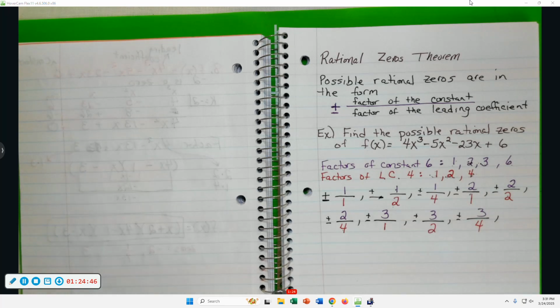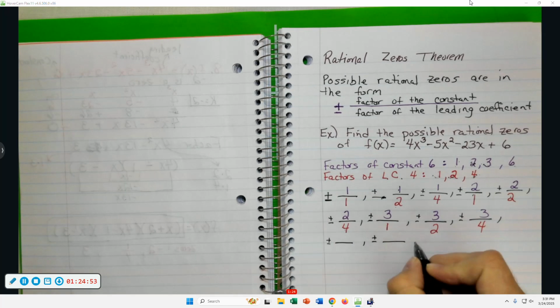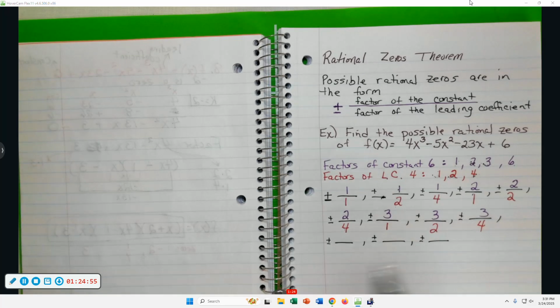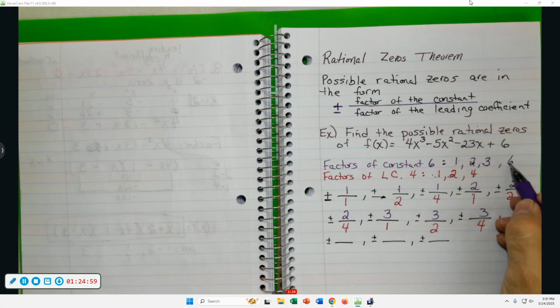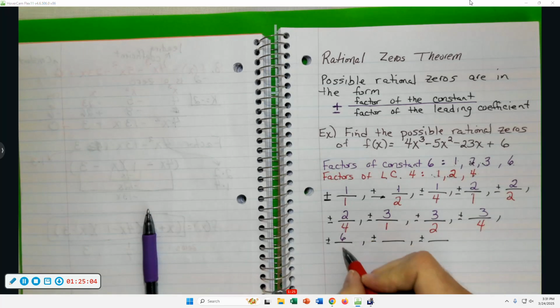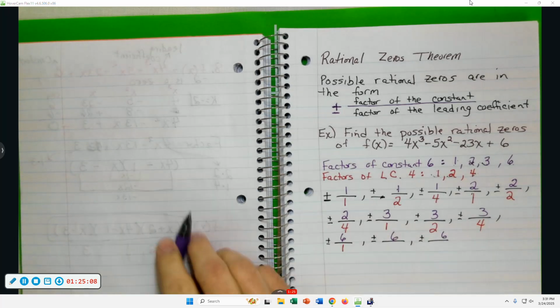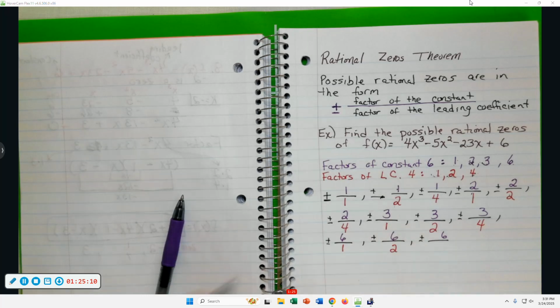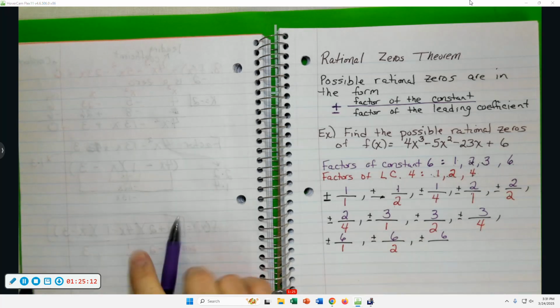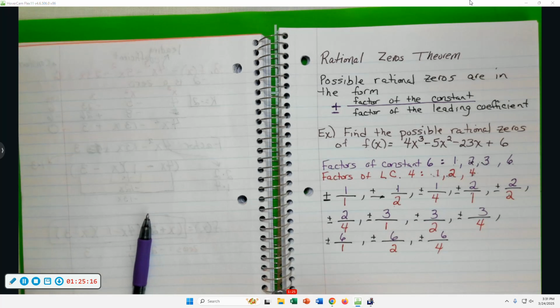And finally, what are we up to? We're at purple 6 over red 1. Purple 6 over red 2. Purple 6 over red 4. And now we got to reduce all of this.